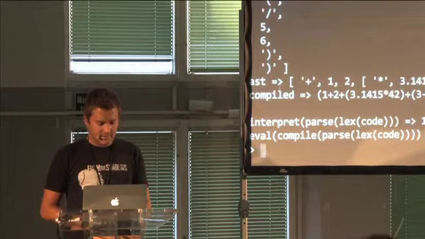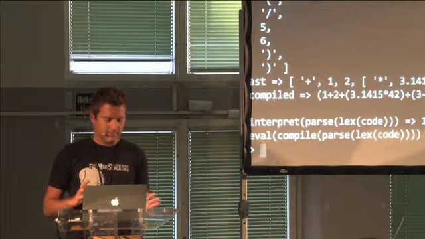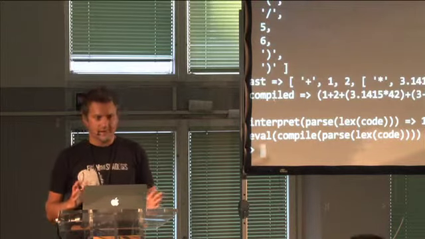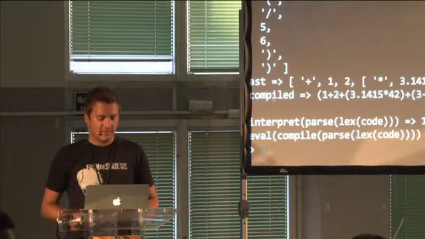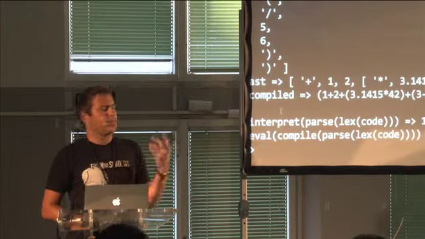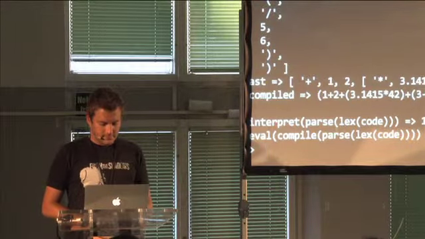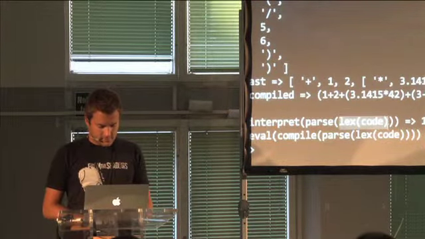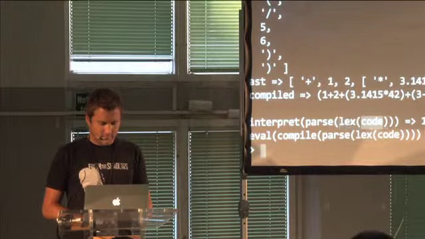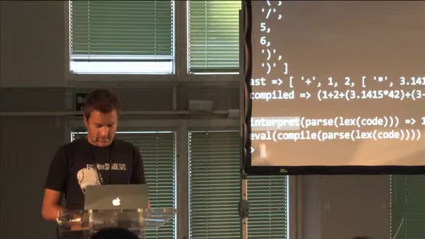Then the next two steps are a compiler and an interpreter, and those are two different ways of evaluating this code. Both the compiler and the interpreter take the abstract syntax tree as an input to their code. Here you can see we lex the code, we parse it, and then interpret it, and it outputs this number.